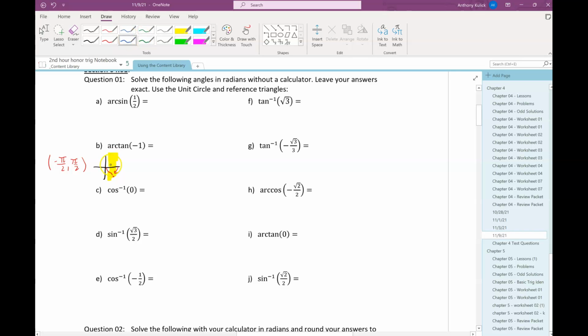From the unit circle, I can look up this angle, because the unit circle only has the positive standard position angles. It doesn't have negative angle measures, but no biggie. Tangent is y over x, so I'm going to look for the place where y over x is negative 1, or really, where x and y are opposites.